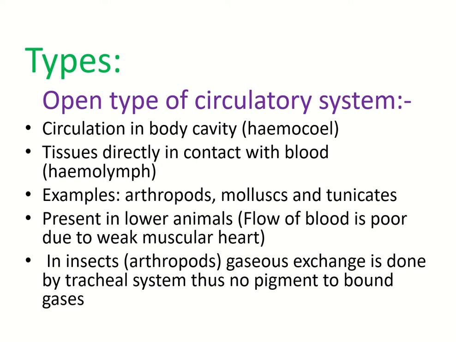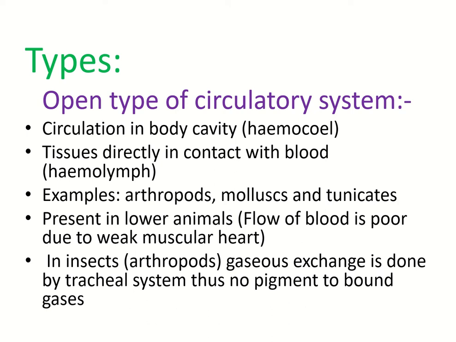As it is present in the lower animals, the flow of blood is also poor because of the presence of a weak heart. There is only one exception in phylum Arthropoda, that is class Insecta. Within the body of insects, the exchange of gases does not take place with the blood, because blood lacks that pigment which binds oxygen.